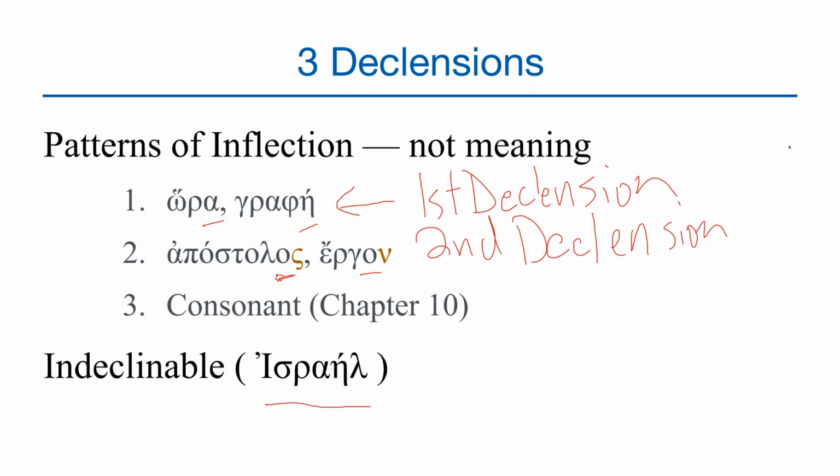Israel is Israel, and it's always Israel. Whether it's nominative, genitive, dative, or accusative, it's always Israel. Okay.